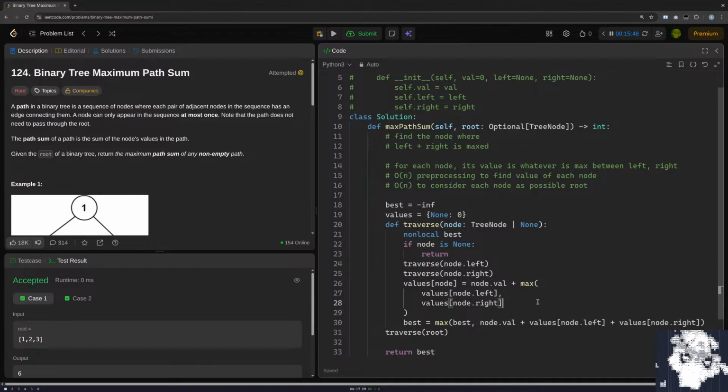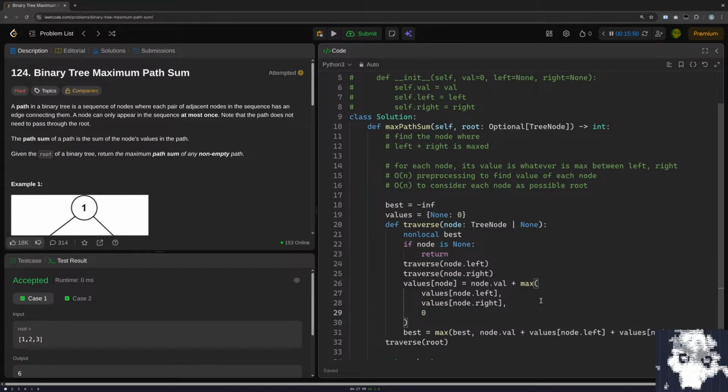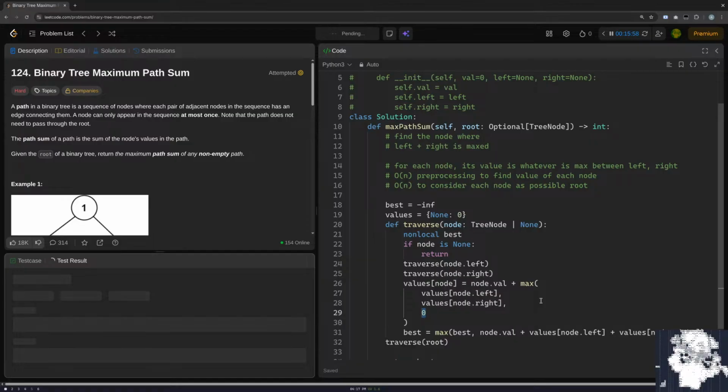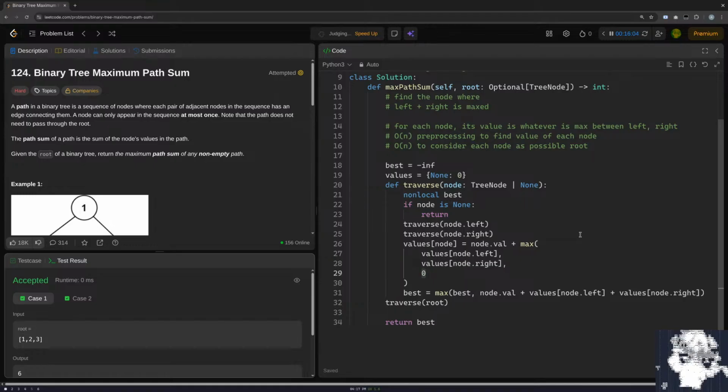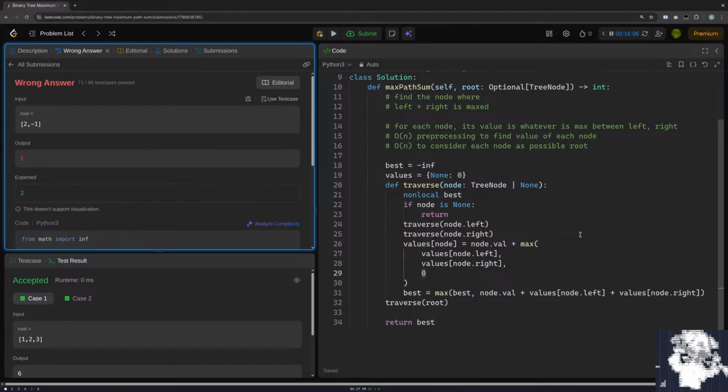So I actually want to put 0 in here. Like you're allowed to go down the left or the right or nothing. You can just end there. And I should do the same here.